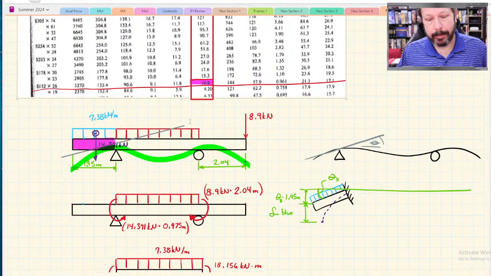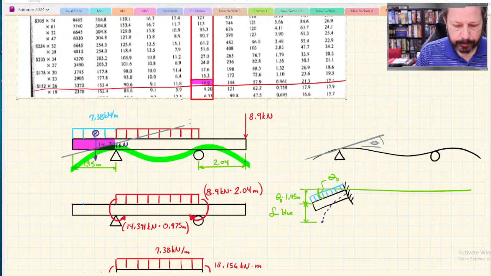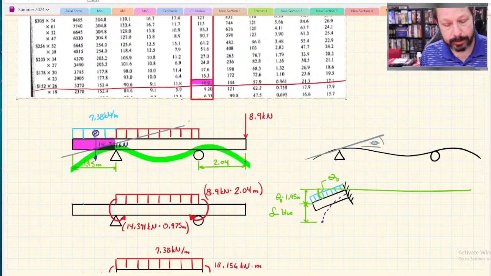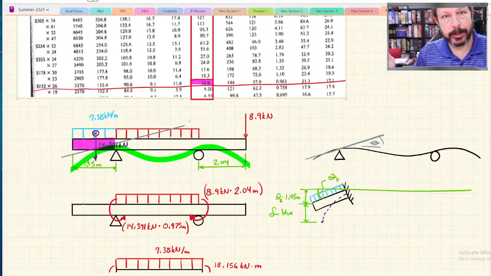And then from that point, well, I guess maybe if you think about it this way, the slope at any point doesn't actually tell me how much it's deflected. It only tells me that if it continued in that direction, I could calculate a deflection from there. But the beam is constantly flexing and bending, and so it doesn't continue in any particular direction at all.